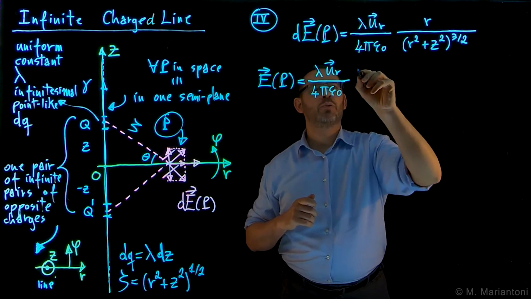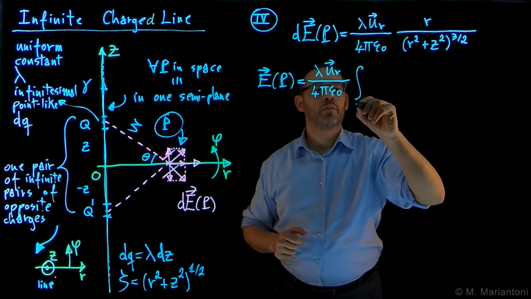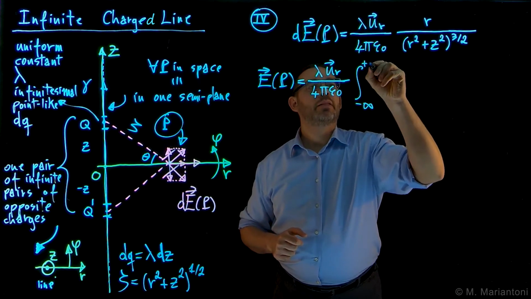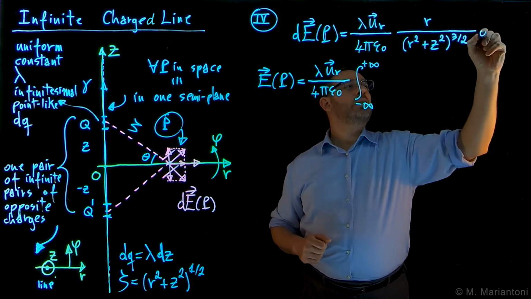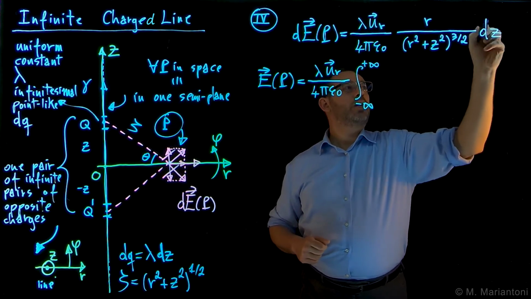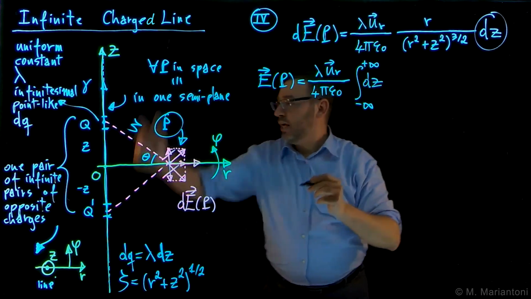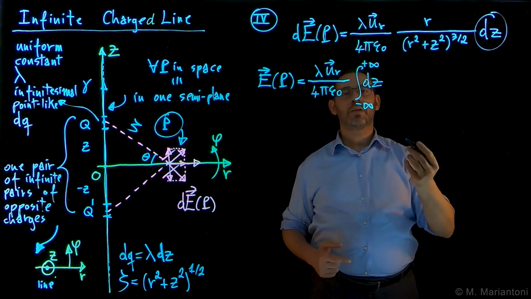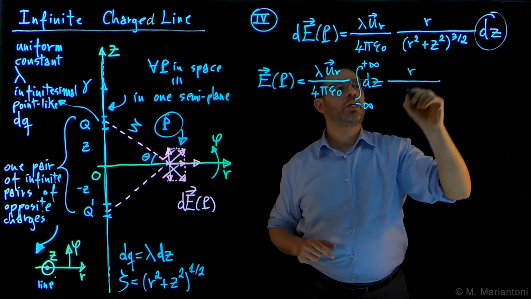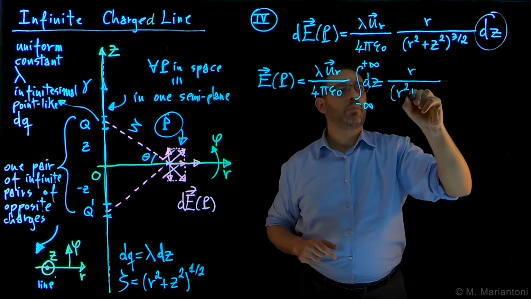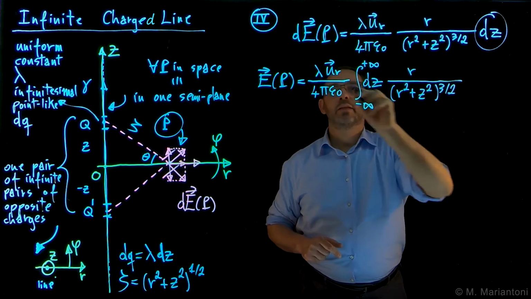Then we need to integrate from minus infinity to plus infinity, because we are integrating with respect to dz, which I forgot to place here. So it's in dz, where the charge is distributed from minus to plus infinity. And then we have simply the same structure here, r divided by r squared plus z squared to the power of 3/2. And the direction is already there.